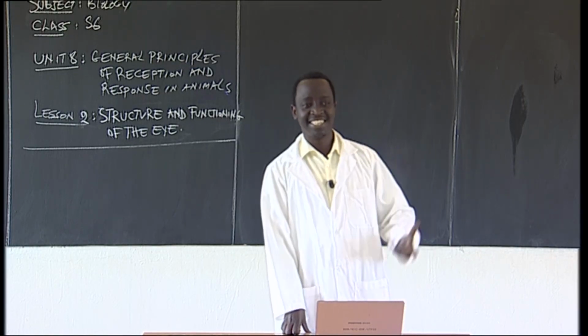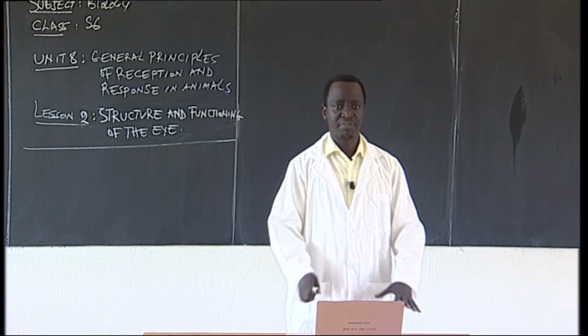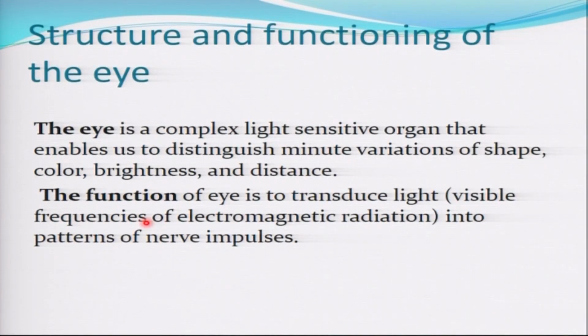That is the eye. What is the general function of the eye? It is to transduce light, the visible frequency of electromagnetism, into a pattern of nerve impulses. The eye has photoreceptors located on the retina.